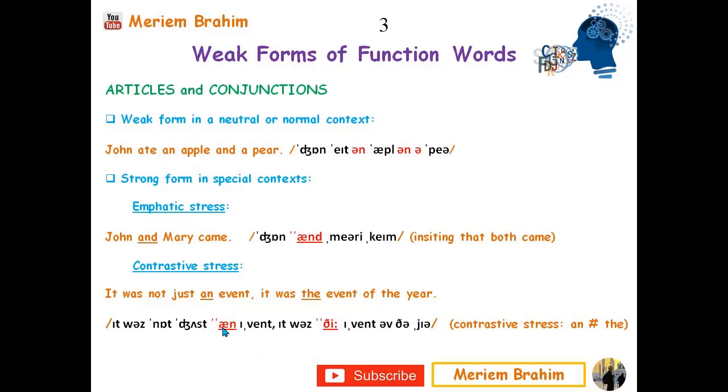So here we have contrasted an and the. They are both articles. It means it was not just an event, it was the event of the year. Okay? So this is an example of a contrastive stress with articles.